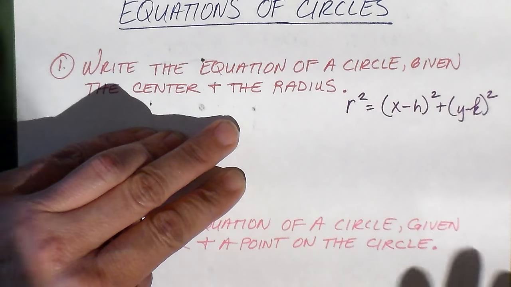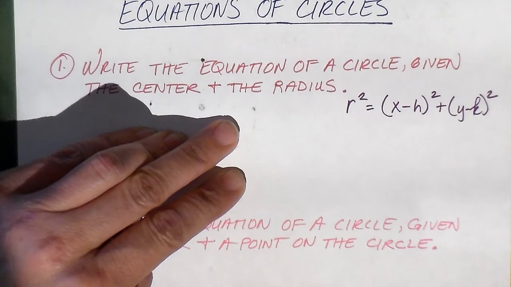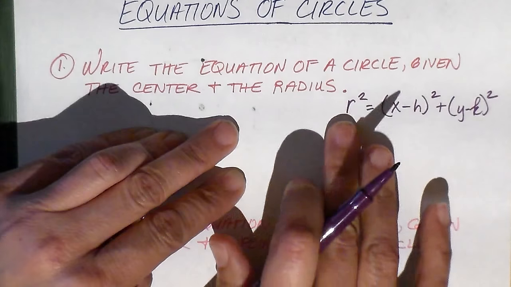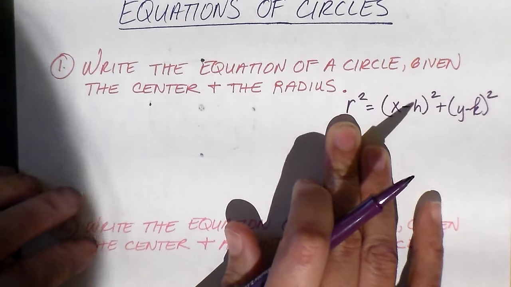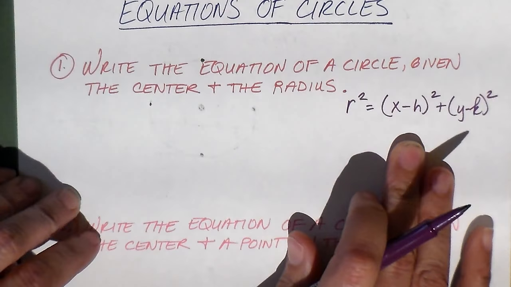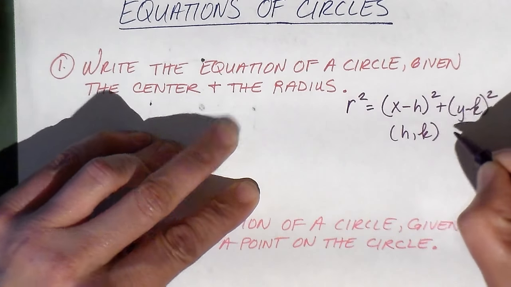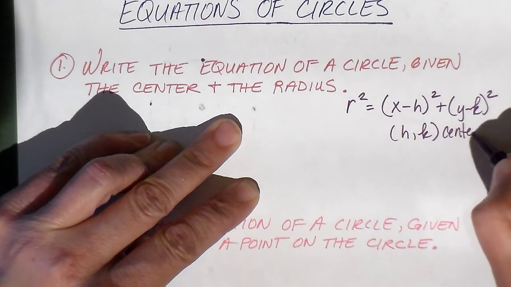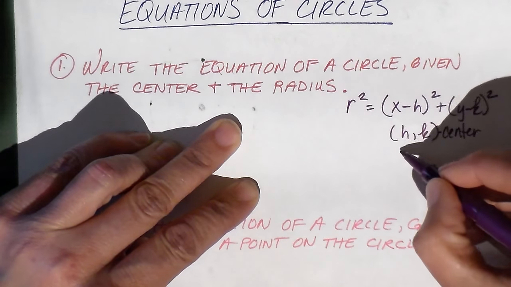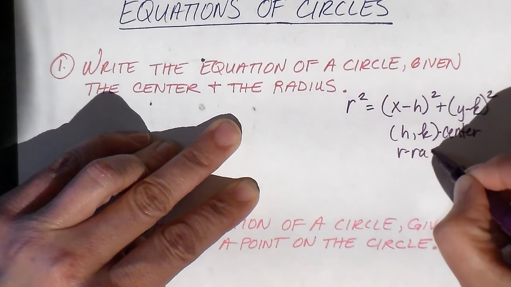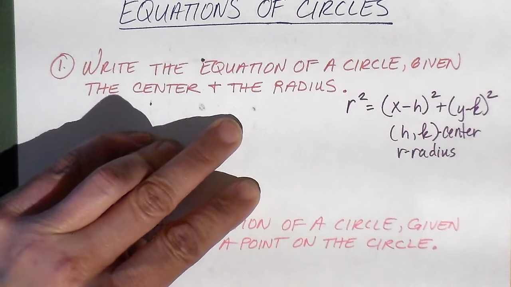We got that from the distance formula, which is in a previous video. The h, k represents your center, and r represents your radius.